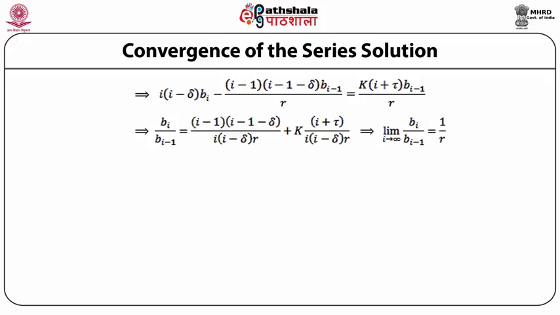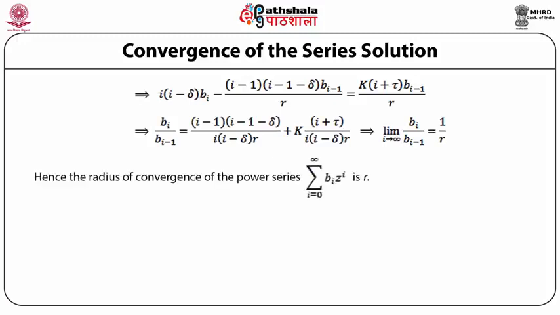From this equation, the ratio Bi/B_{i−1} comes out to be (i − 1)(i − 1 − δ)/(i(i − δ)r) + K(γ + i + δ)/(i(i − δ)r). This implies the limit as i tends to infinity of Bi/B_{i−1} is 1/r.